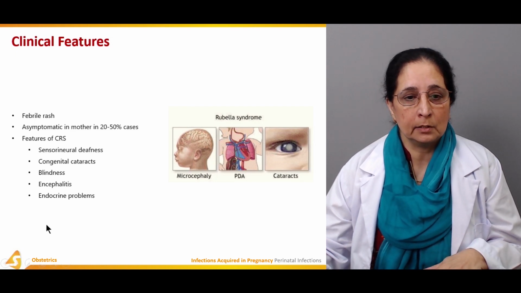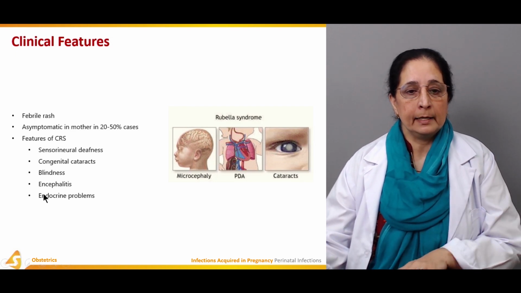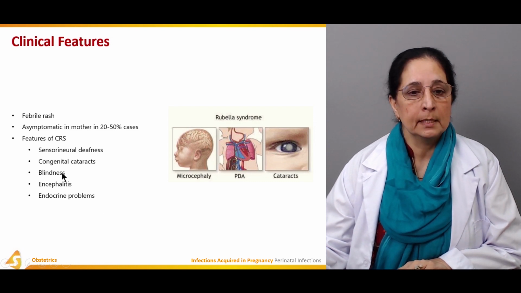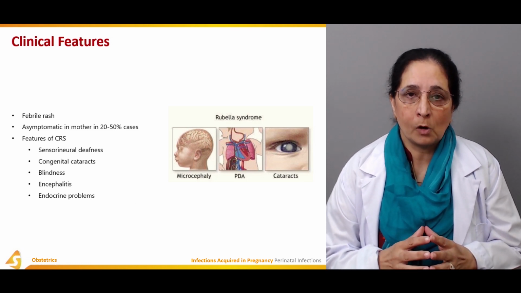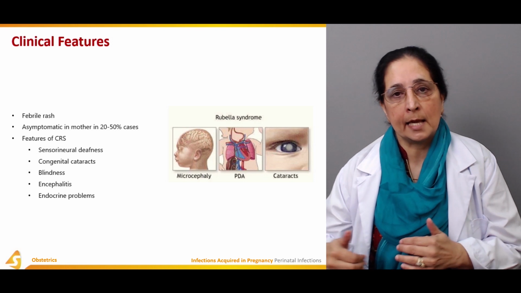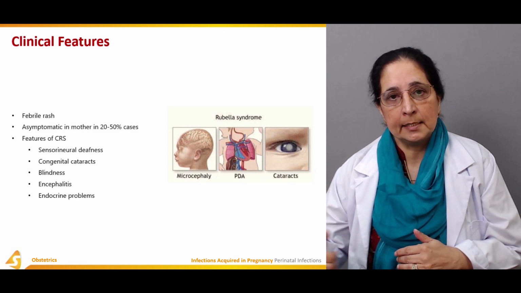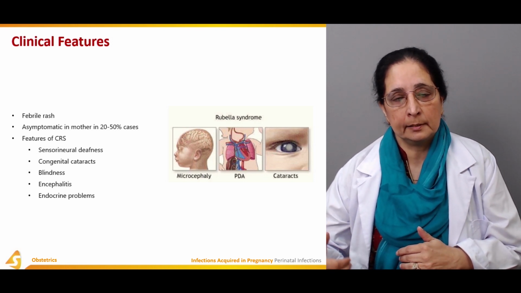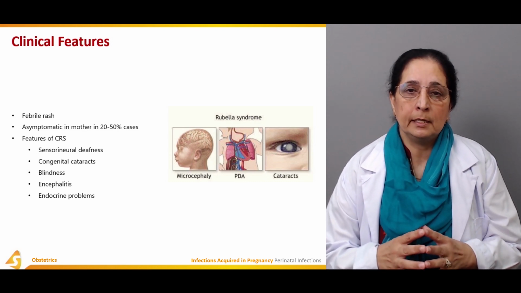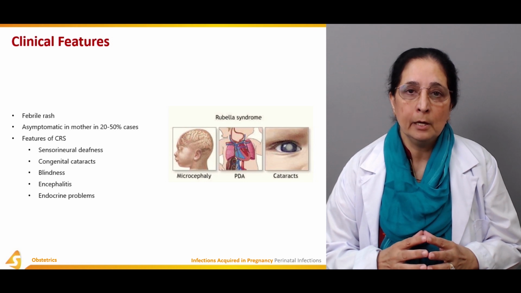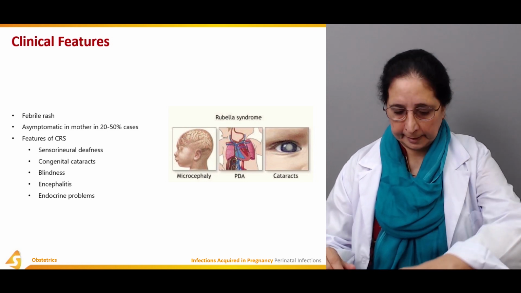Cataracts are present also, some endocrine problems, sensorineural deafness, blindness. So it's a serious condition caused by rubella virus, and as the pregnancy progresses, the seriousness is less and less. It's more serious if it is present in the first trimester of pregnancy.